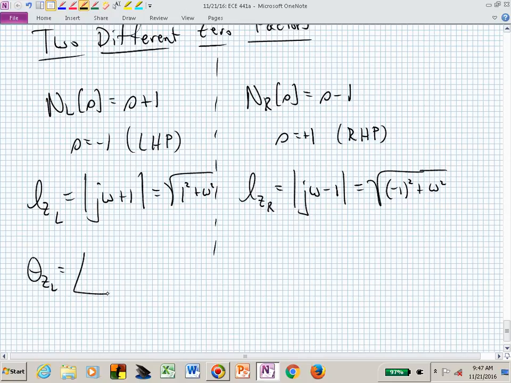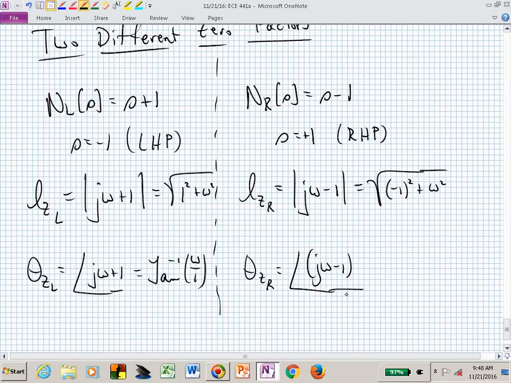But what's the phase? In this case, we have the phase of j omega plus 1, which is now the inverse tangent of omega over 1. But if we wanted to know the phase of the right half plane 0, now we have the inverse tangent, and some calculators keep track of this.